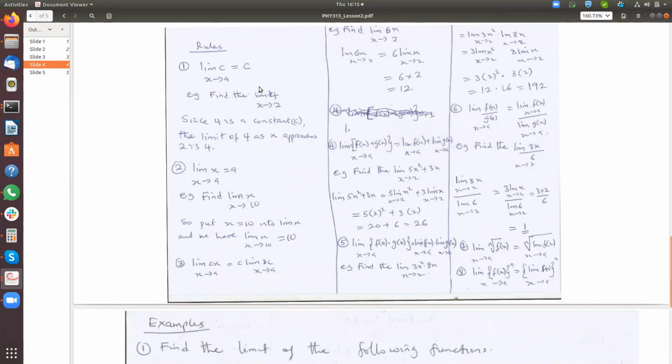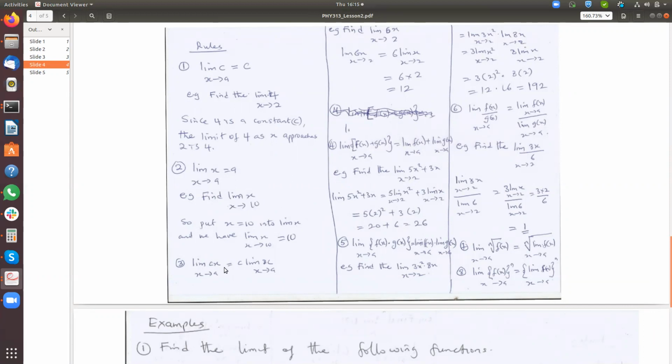In this case, because 4 is a constant and x is not there, the answer is 4. Since 4 is a constant, the limit of 4 as x approaches 2 is 4. Now, the second one: the limit of x as x tends to a. Where you see x, you put the value of a. Here we have x tends to 10. When you replace x with 10, the answer is what?